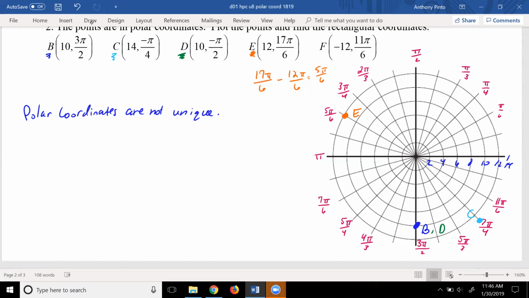Looking at F, this is a unique situation. We're at 11 pi over 6, which takes us into the 4th quadrant, but our value, our length of the hypotenuse, is negative 12. So we're actually going to extend into the opposite quadrant.